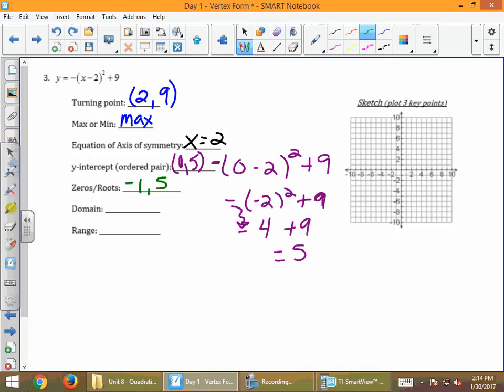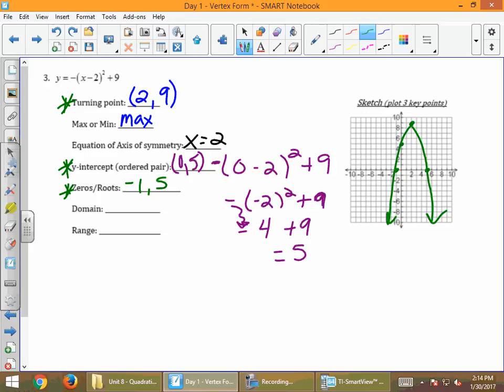So go ahead, plot those 3 key points: your turning point, 2, 9; your y-intercept, 0, 5; and your roots, negative 1 and 5. It looks something like this. Make sure it's nice and curved, not so much a point.